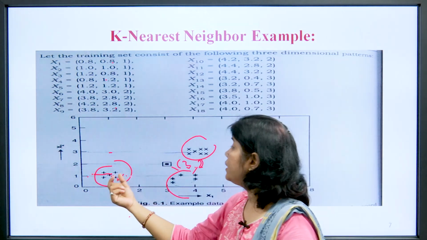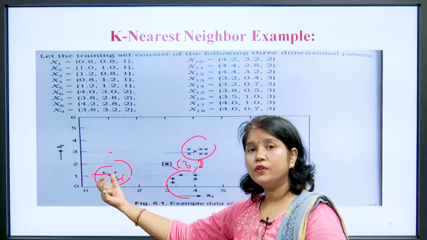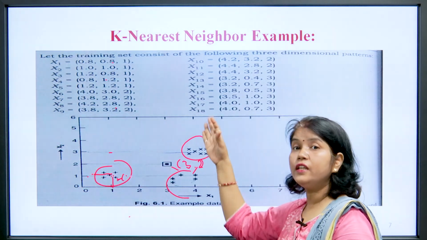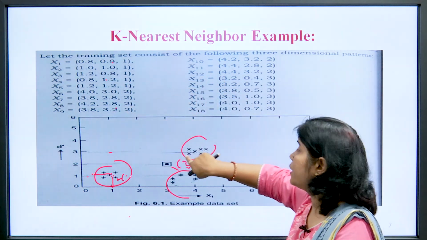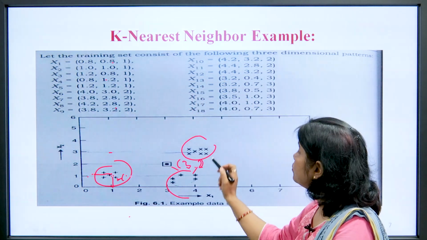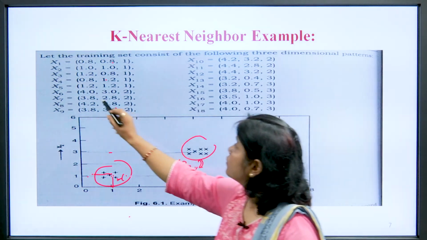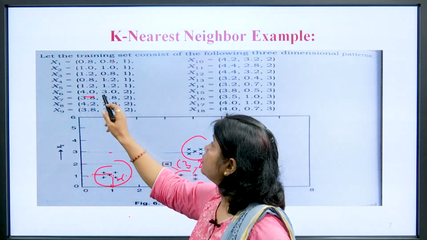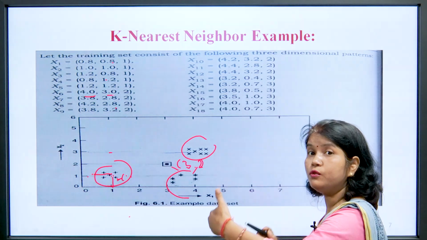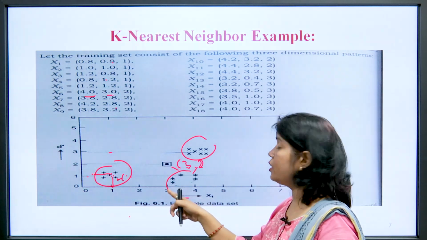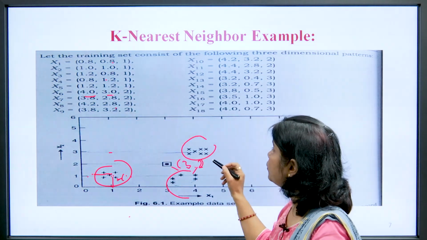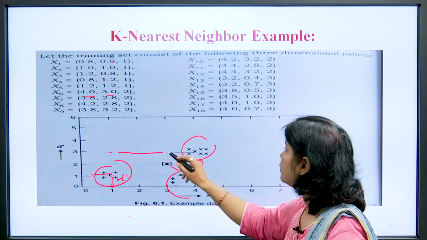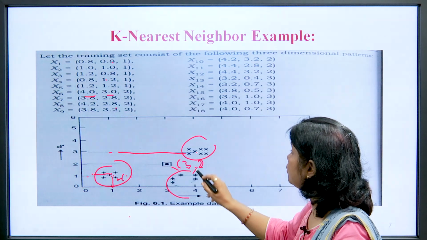The data set is given the same way for category 1, and for category 2 you will also show the coordinates. So this is category 2: 4.0 and 3.0, which means you move to 4.0 in the x direction and 3.0 in the y direction.